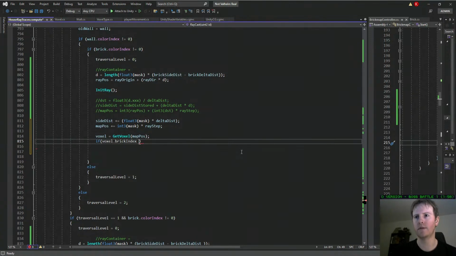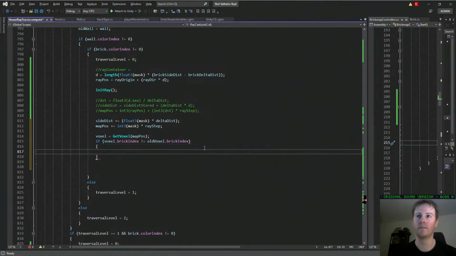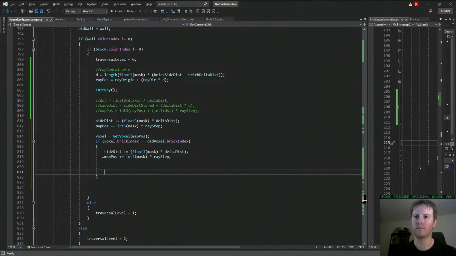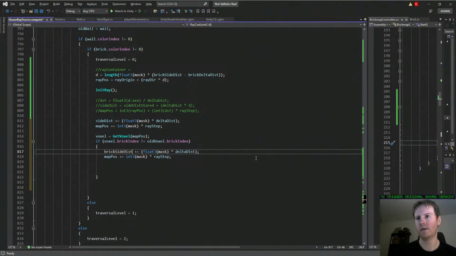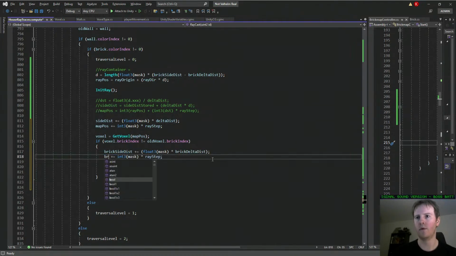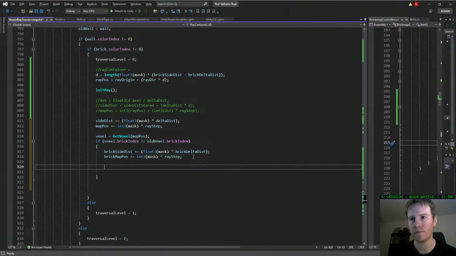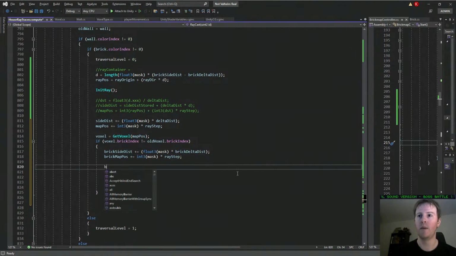And then we do if voxel.brick index does not equal old voxel.brick index, then brick side dist, brick delta dist, brick map position, and then inside here we have to do brick.